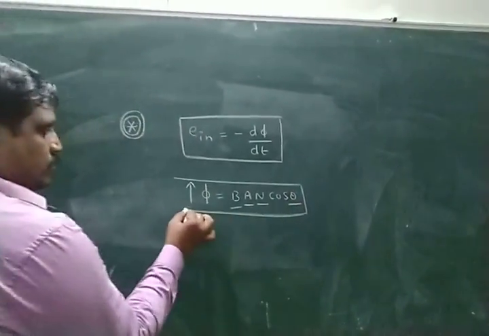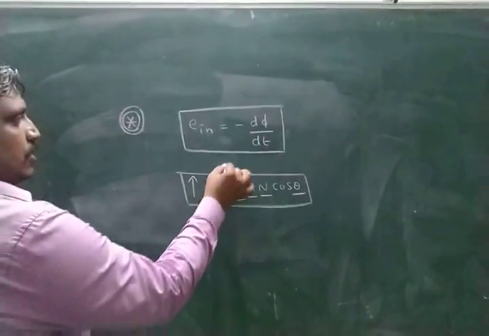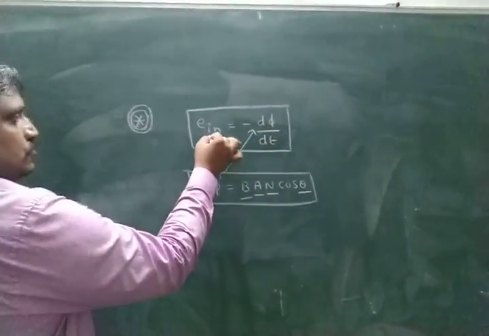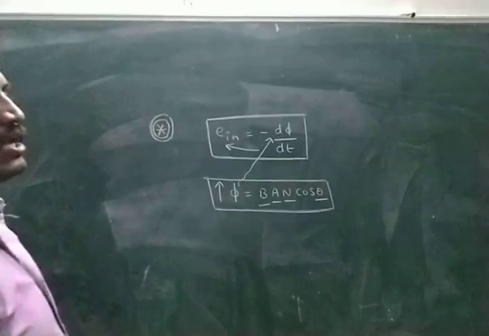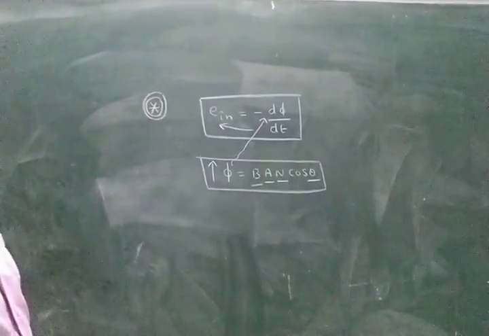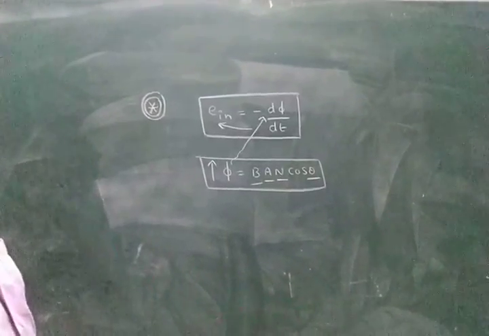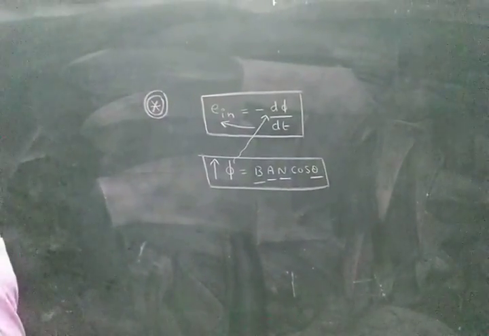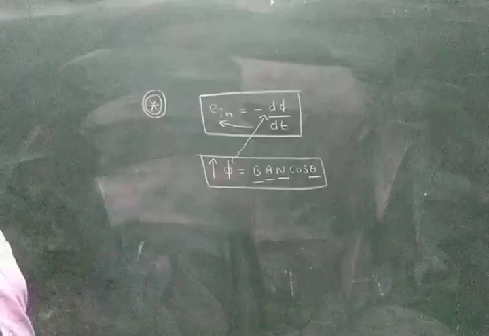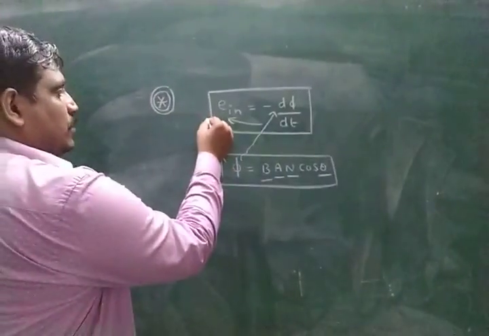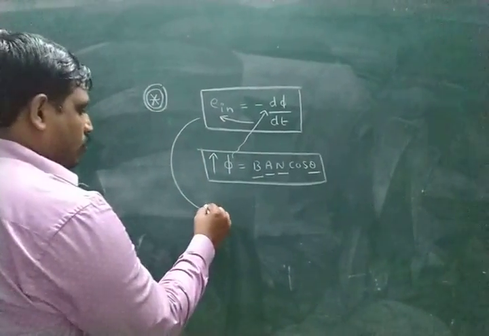Flux changes, so EMF is developed in the circular coil. EMF is nothing but the potential difference developed in the coil. Simply, current is induced in the coil.